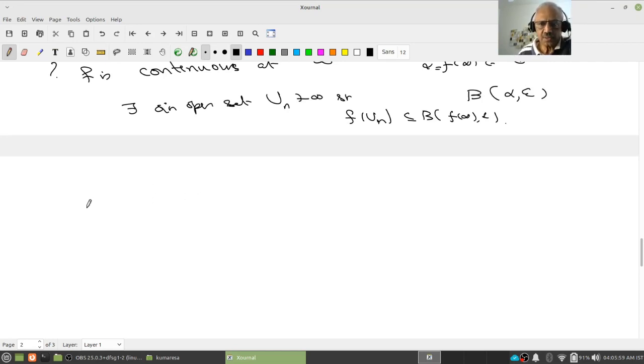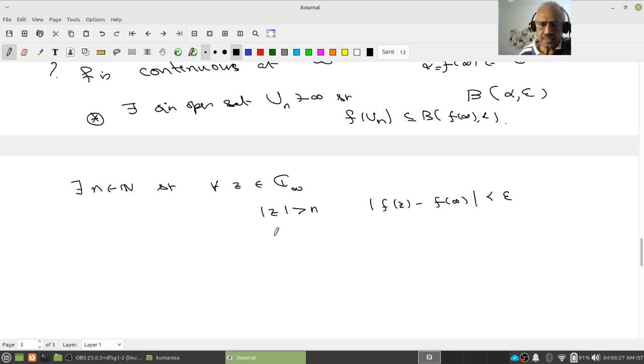So let us use that to understand this statement. This means there exists an n, a natural number, so that for every z in C infinity, whenever mod z is greater than n, |f(z) - f(infinity)| is less than epsilon. When z equals infinity, f(infinity) minus f(infinity) will be 0, that is less than epsilon, which is obvious.